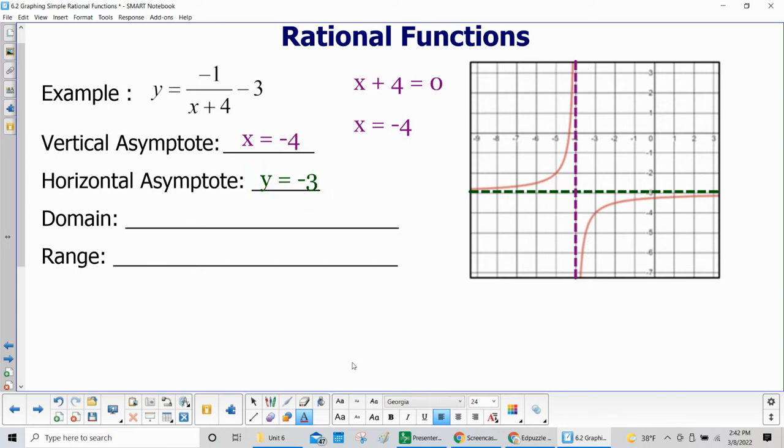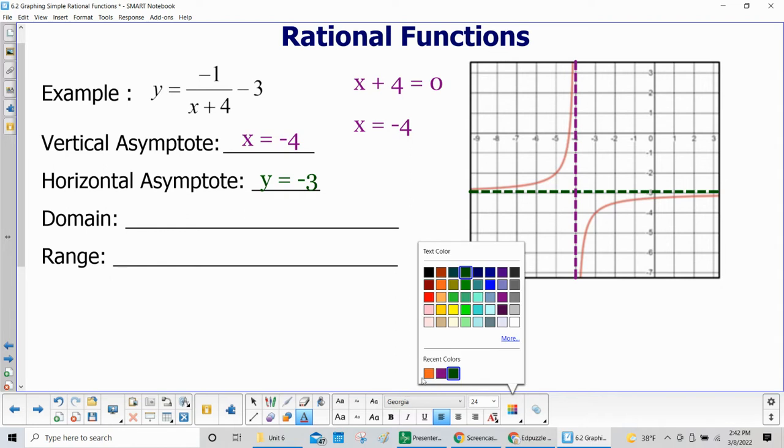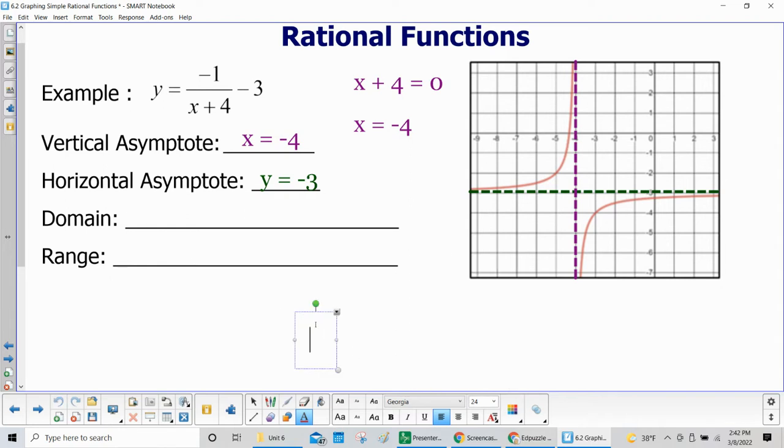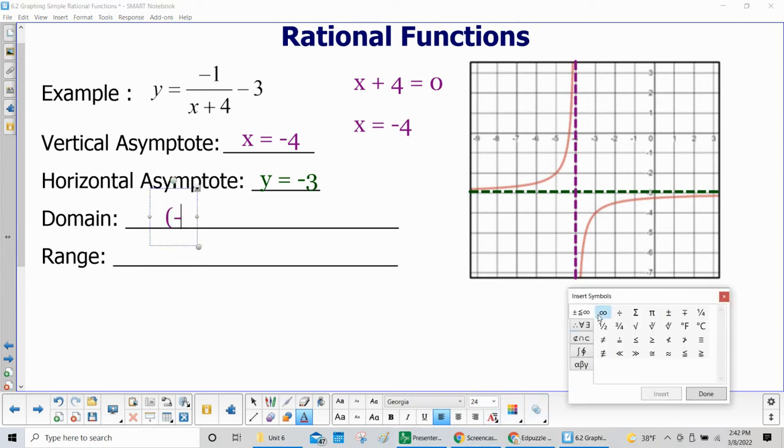So then our domain. If I'm looking at my domain, same thing from left to right, I'll go from -infinity, and I'm going to pick up with my vertical asymptote. And then we're going to say on the other side of that vertical asymptote, so from -infinity, it hits that purple, and then it picks up on the other side and keeps on going to the right.